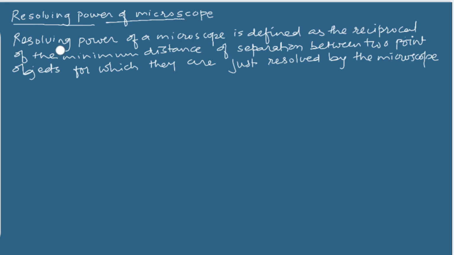So this is the definition of resolving power of a microscope: the reciprocal of the minimum distance of separation between two point objects for which they are just resolved by the microscope. For this case we should know how to derive it. Two small objects we are taking for our convenience.